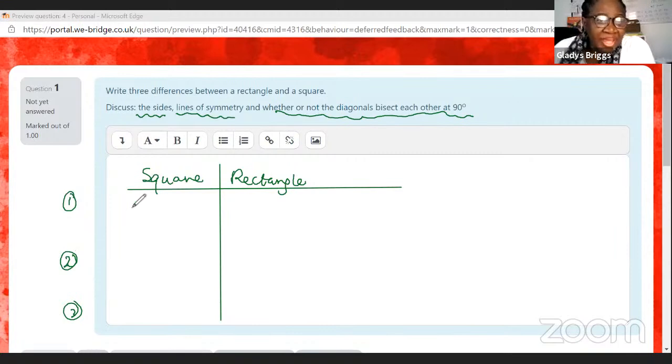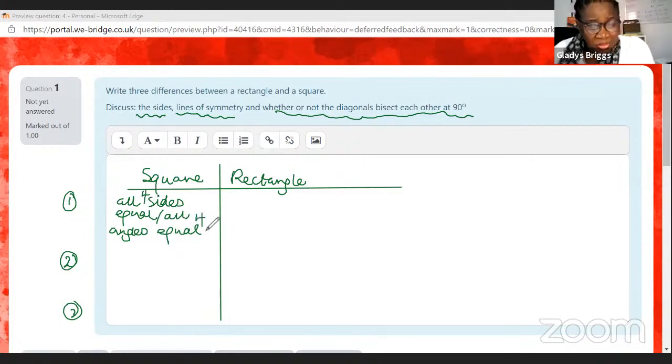For a square, all sides are equal, and of course, all angles are equal. I did not request that, but that's part of it. All 4 sides equal, all 4 angles equal.